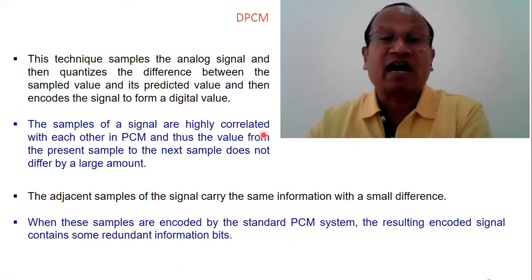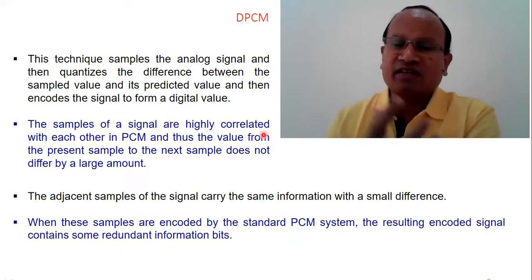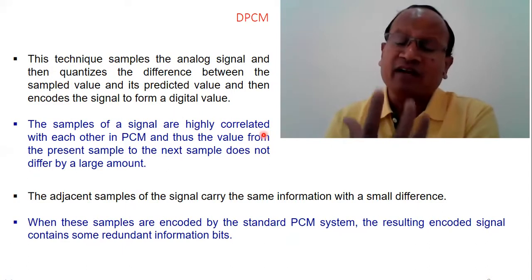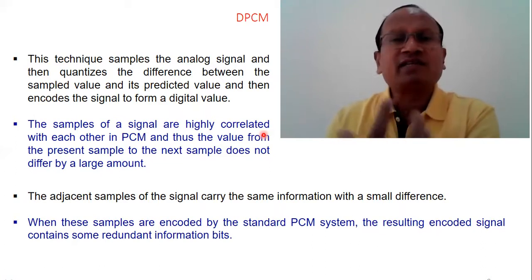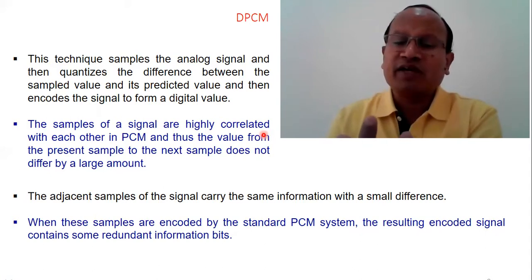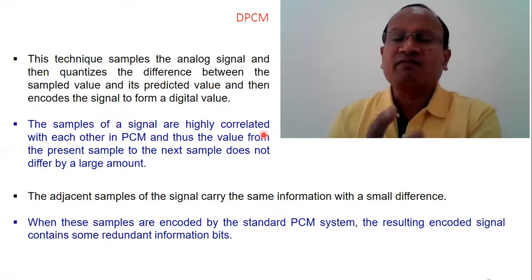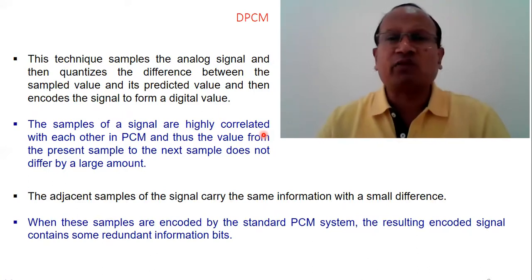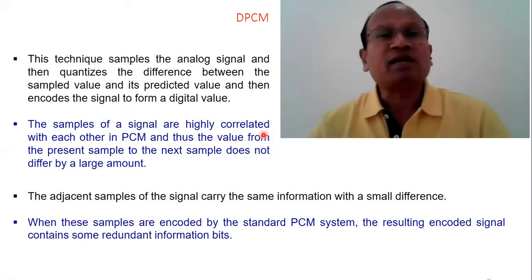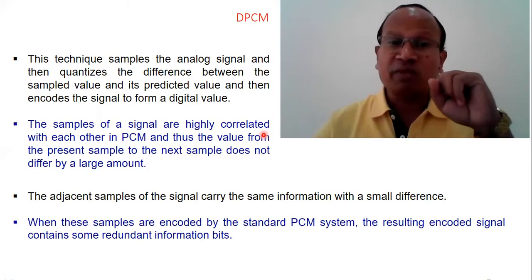The samples of the signal are highly correlated. Why can we do it? What is the fundamental principle of DPCM? How does it provide an improvement to PCM? It is because we know that the samples are always correlated with each other. When we convert an analog signal into samples, at least the neighboring samples will have some correlation. What do you mean?